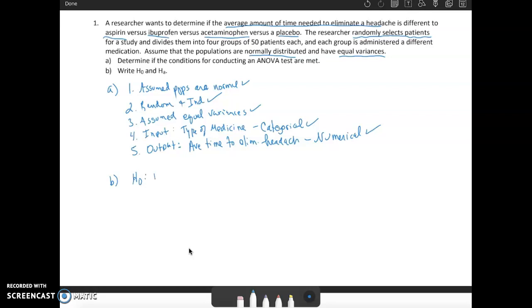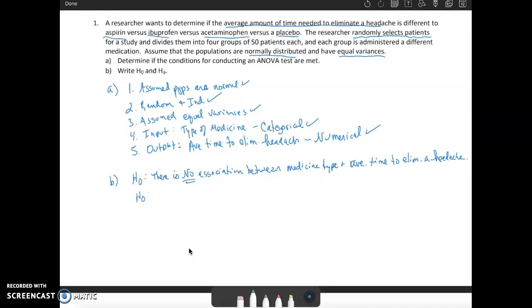So I could say something like, there is no association between medicine type and average time to eliminate a headache. But those things are not related.